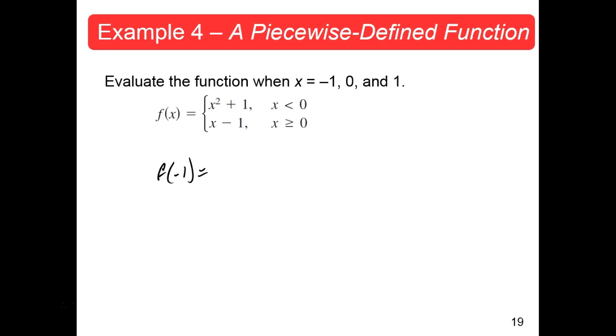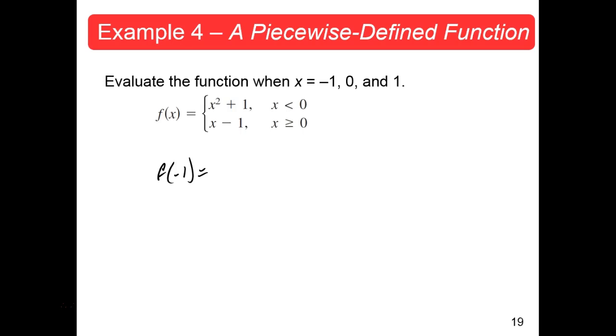Where are you? If x is negative 1, are you in the upper function or the lower function? Really? When x is minus 1? Minus 1 is less than 0. Here you are, Waldo. Okay? So you use this function.